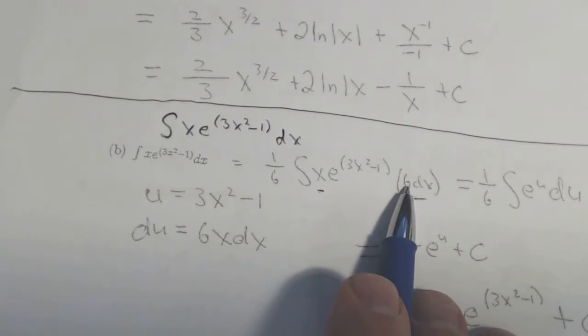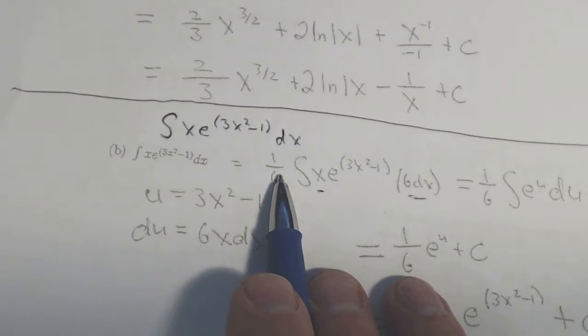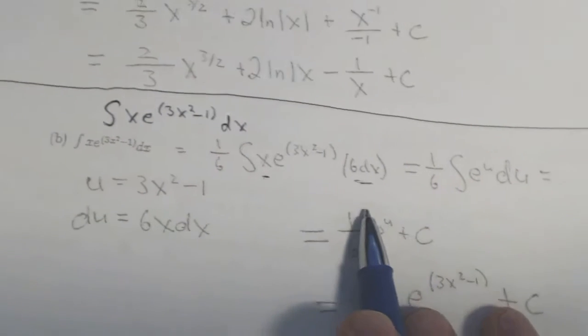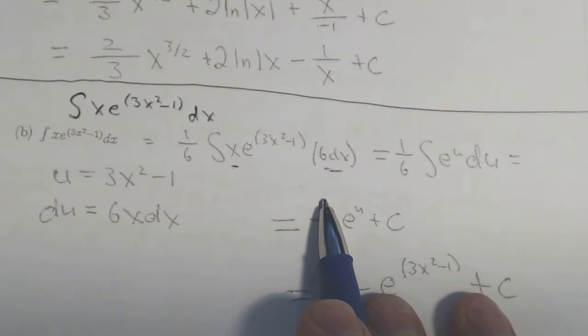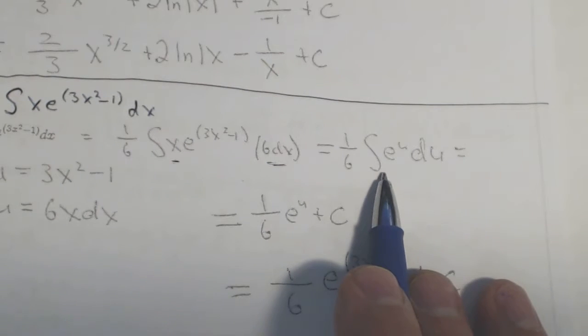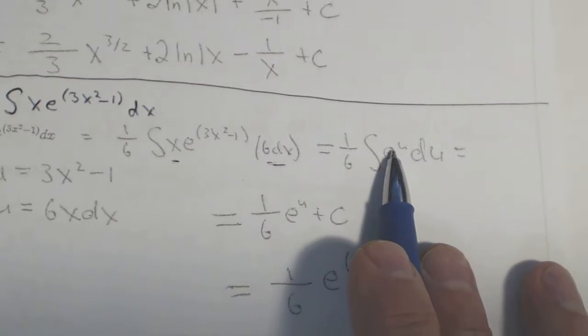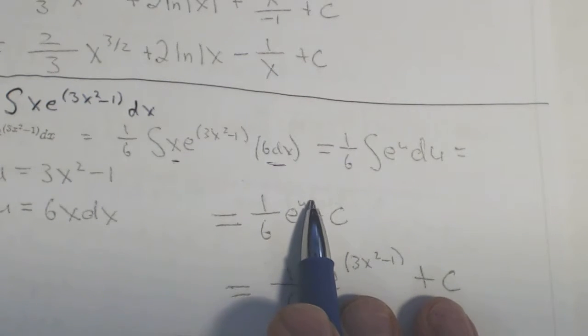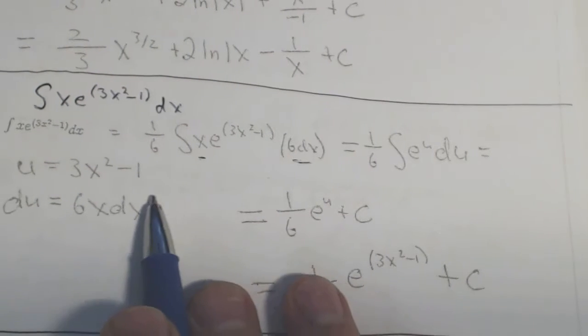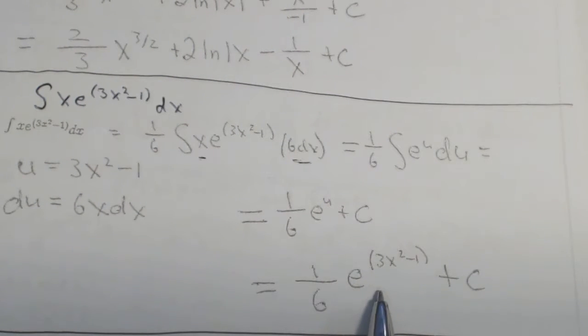Now, when I put that 6 in, I had to compensate with a 1/6 out front. This now becomes 1/6 e to the u with respect to u. And the integral of e to the u is e to the u. That's our favorite one. And you just replace the u with the 3x squared minus 1, and you've got your answer.